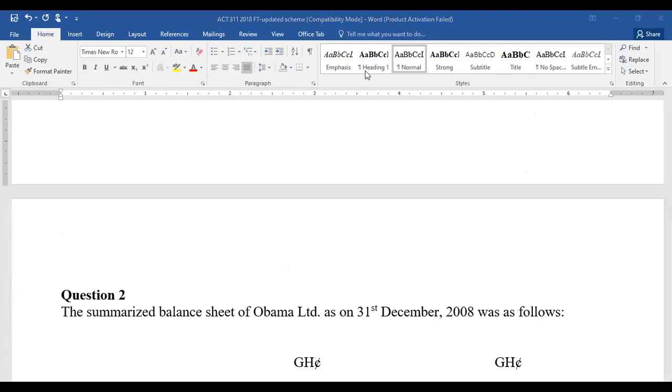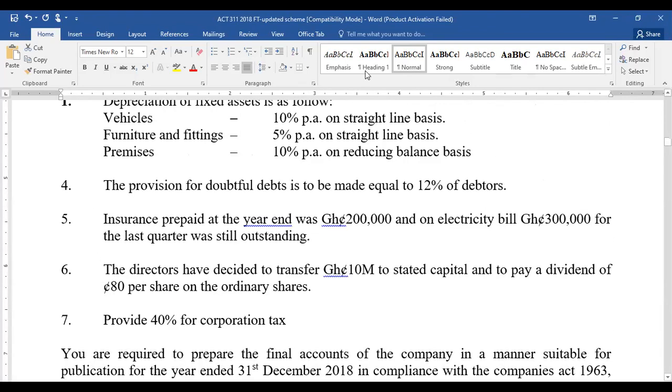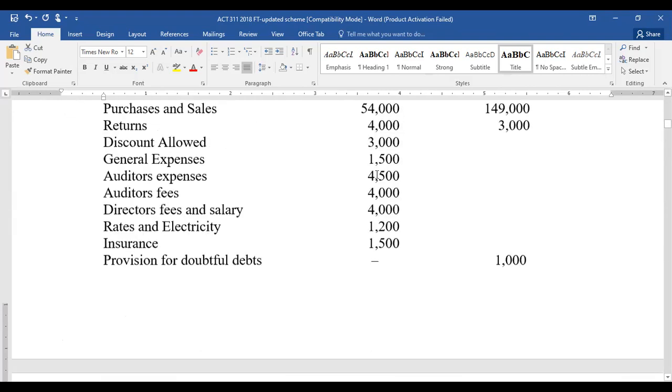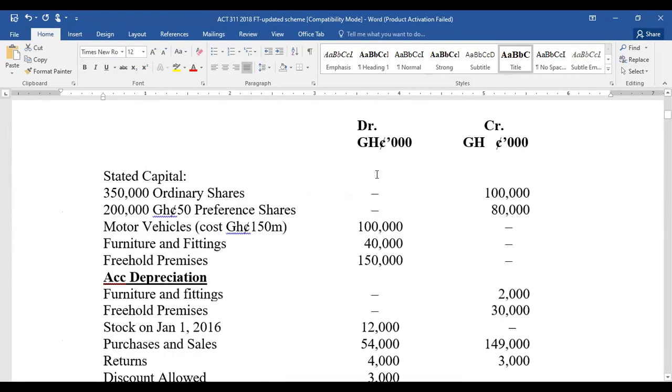In the footnotes, they said the directors have decided to pay a dividend of 80 Ghana cedis per ordinary share. So each share is attracting a dividend of 80 Ghana cedis. You need to multiply the 80 Ghana cedis by the number of ordinary shares we have, 350,000.